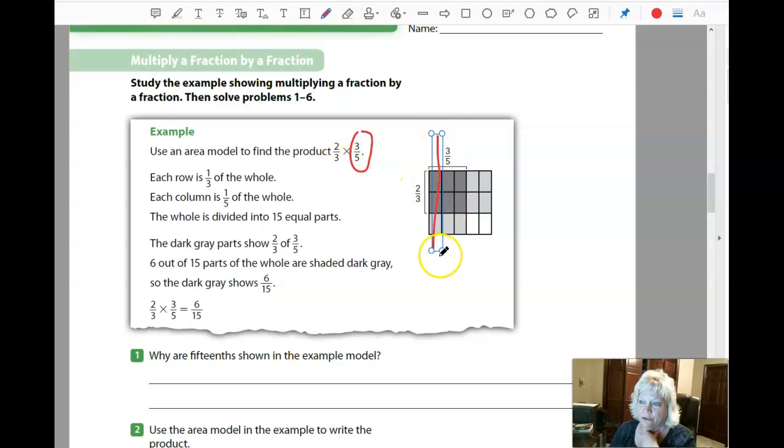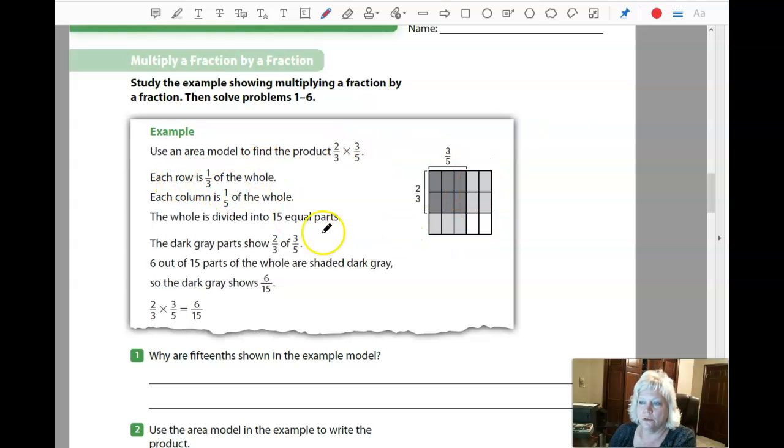So I've already started drawing that. 1 line, there's 2 columns, 3 columns, 4 columns, 5 columns. So that 5 told me I had to go either rows or columns of 5. And now I have to do the other one. So that's 1, 2, 3. So basically, when you look at those denominators, you are drawing a box with 5 one way and 3 the other way.